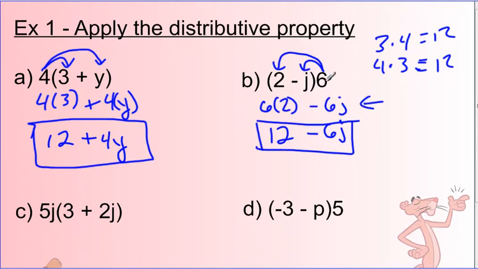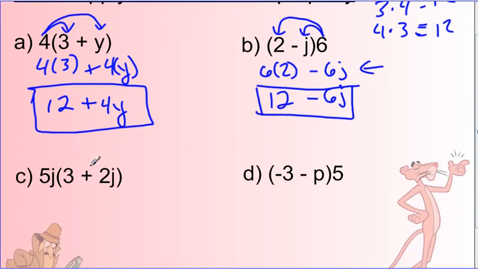It's understood that you have this outside number times inside. And by the way, I've been doing this stuff for years and years, I still draw my rainbows. That's what I call these guys. I draw my rainbows to show what I multiply together. It's very helpful to make sure you don't make simple little mistakes, especially sign mistakes.